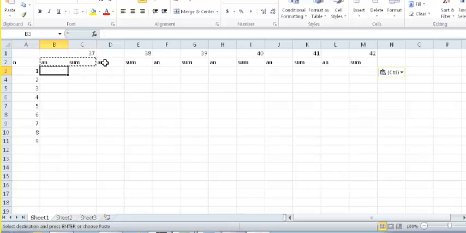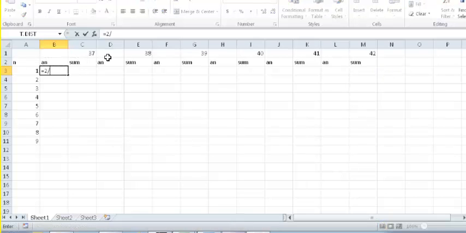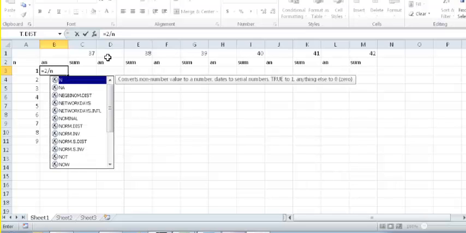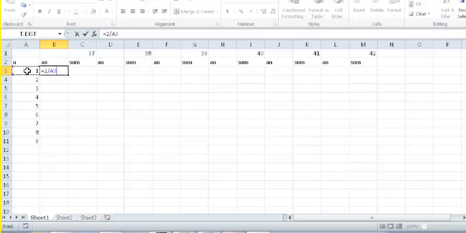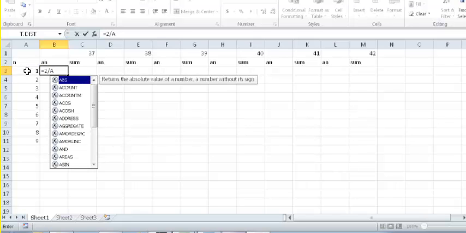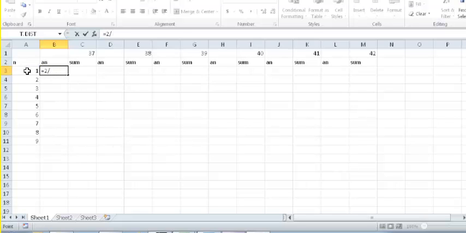For 37, the equation is equals 2 divided by n, which is this number right here, raised to the 3/4 power.